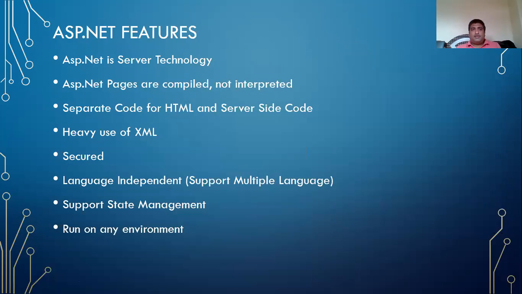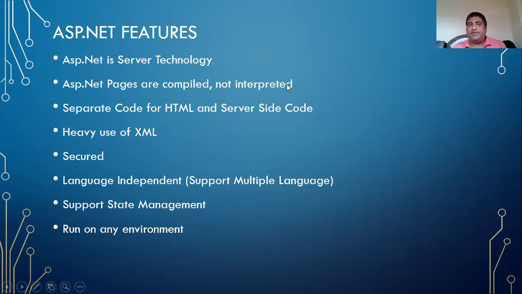Next one is some features of ASP.NET. First one is that ASP.NET is a server technology that uses server programming languages like C Sharp, Java, PHP. ASP.NET pages are compiled and not interpreted.